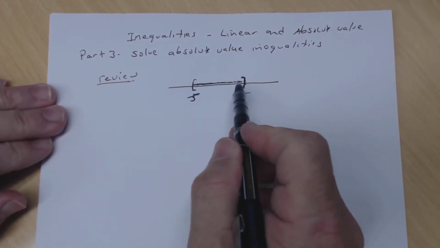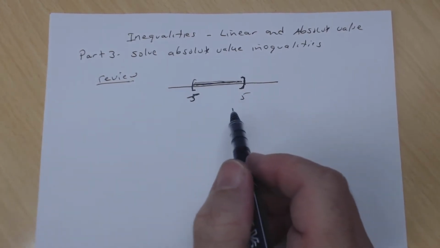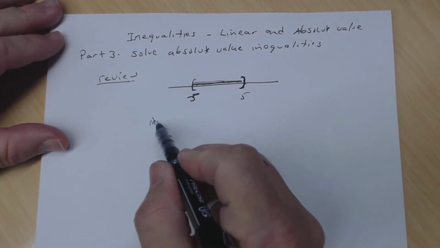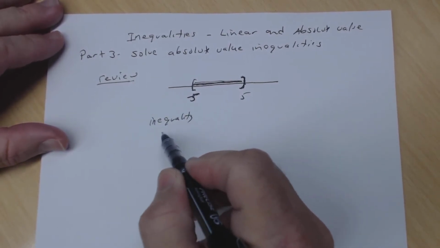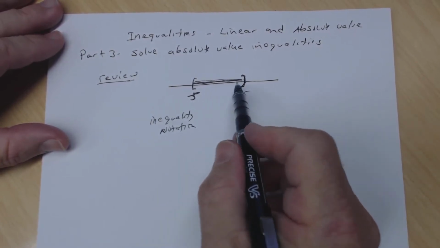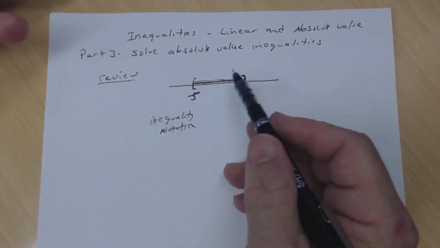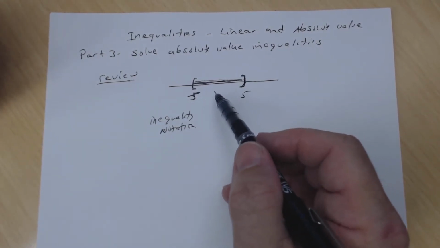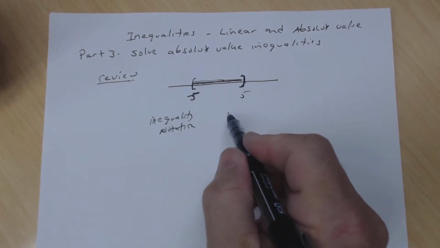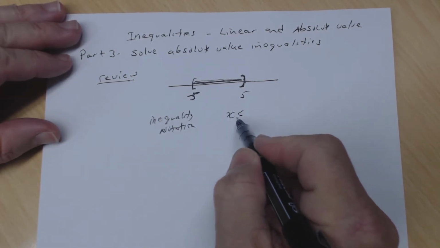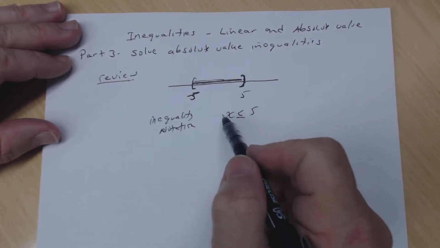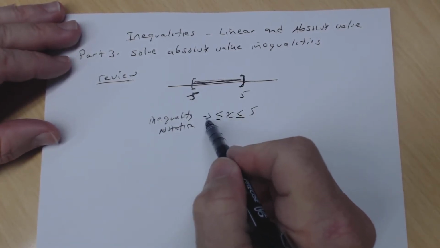So if I graph everything between negative 5 and 5, remember in terms of inequality notation, and using the variable x, that means that all of my x's, all of my solutions, will be between negative 5 and 5, meaning that x has to be less than or equal to 5 because of the bracket, so equal sign, and at the same time it has to be bigger than or equal to negative 5.